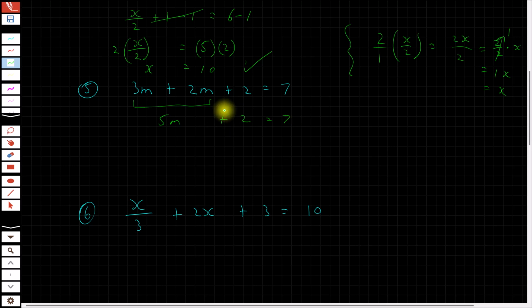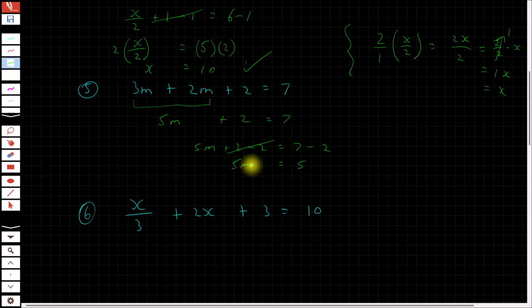Now we can get rid of this 2 here, so we need to subtract 2. So 5m plus 2 take 2 equals 7 take 2. This here will cancel out to 0, and we have 5m equals 7 take 2 is 5.